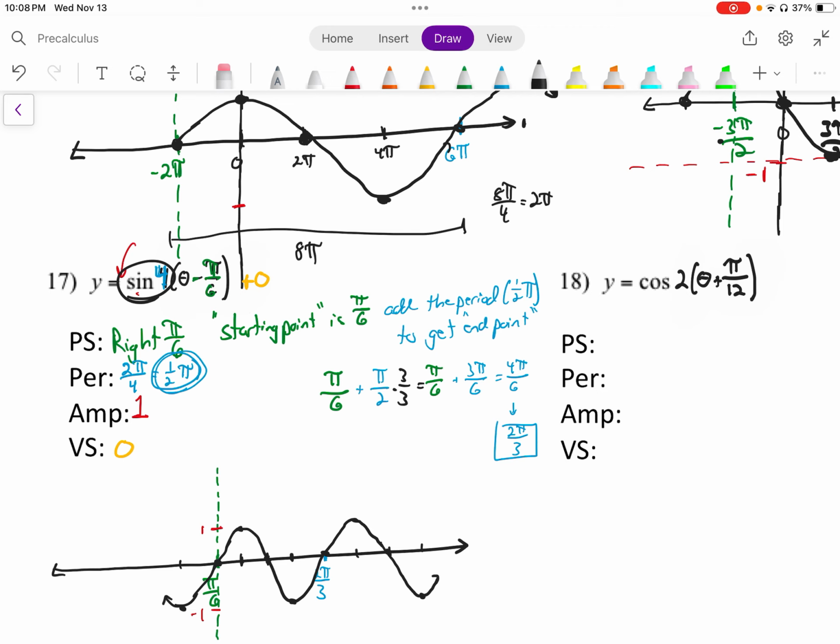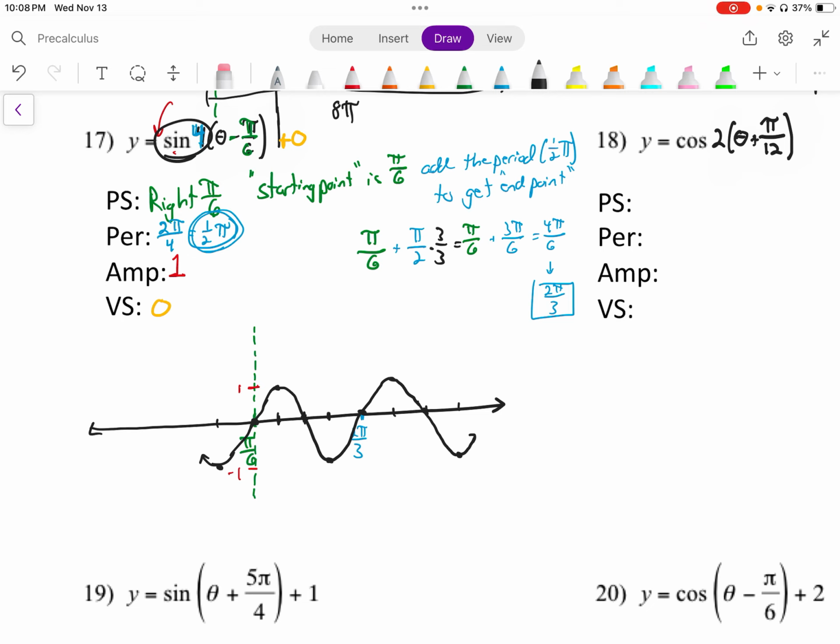Let's go ahead and focus on these highlighted ones I'm putting here. I would probably think of it this way. We know that our period for one full cycle was 1/2 pi.